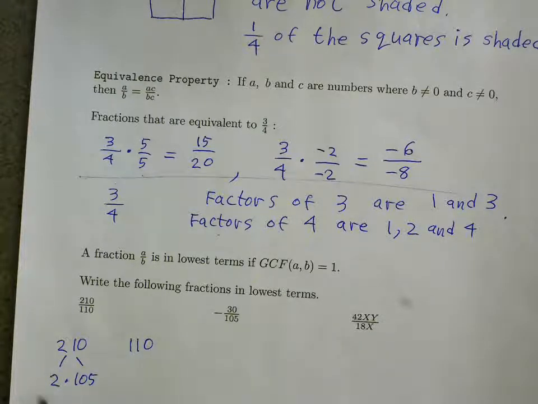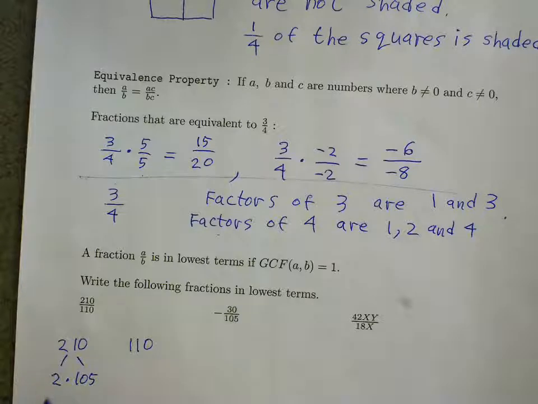So 2 is a prime number because 2 and 1 are the only positive integer factors of 2, 1 and itself. 105 is not a prime number, but 5 is a factor of 105. And 5 is a prime number because 1 and 5 are the only integer factors of 5.